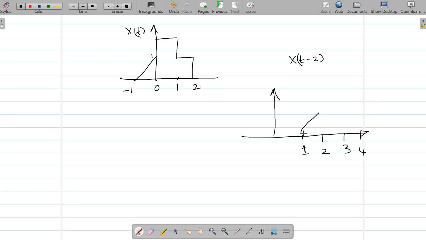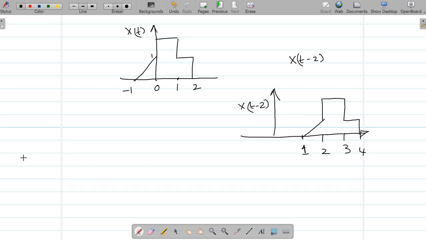So I'll end up getting something like this, and then I will have something like this. So this is x of t minus 2.